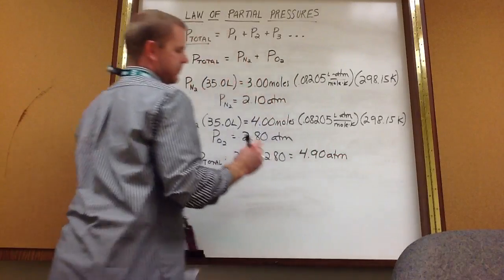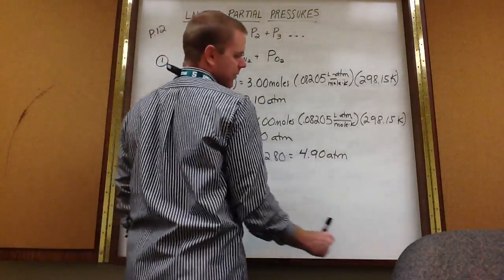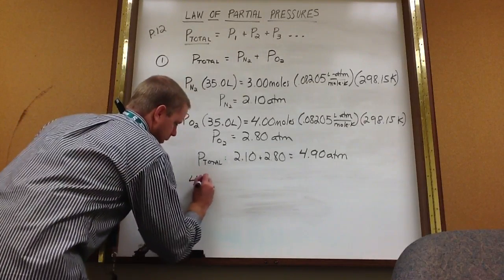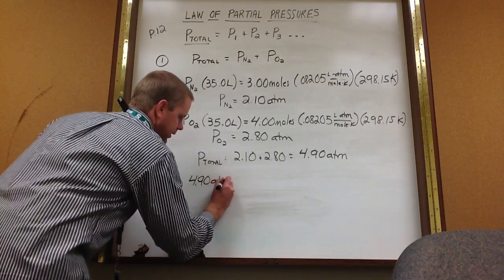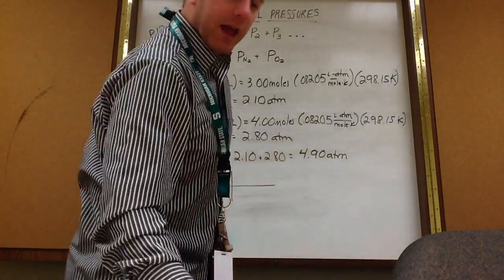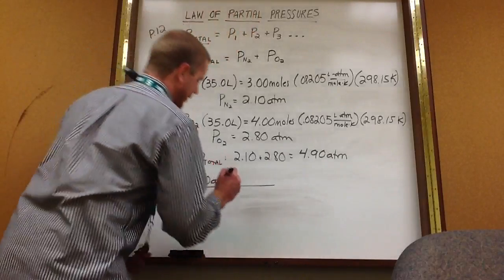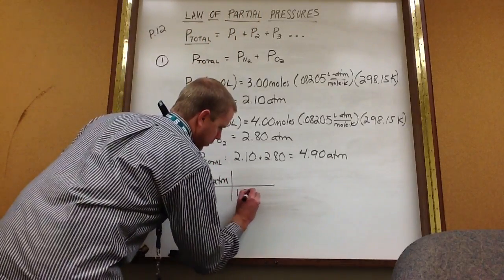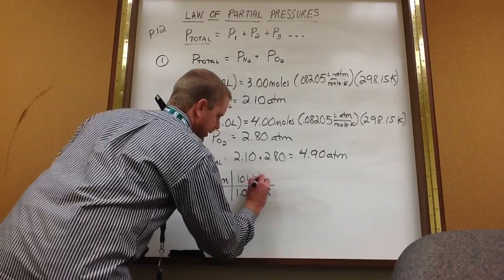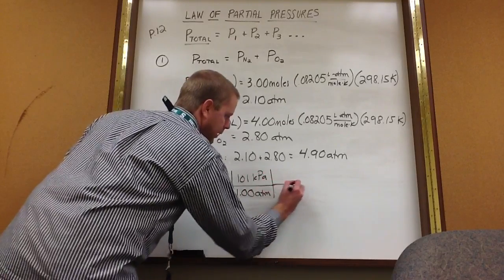Here's the problem. I don't want it in atm. I want it in pascals. So we have to convert it. 4.90 atm. You look at the front page of your packet for that chart, and you find 101 kilopascals in an atm. So 1.00 atm is 101 kilopascals.